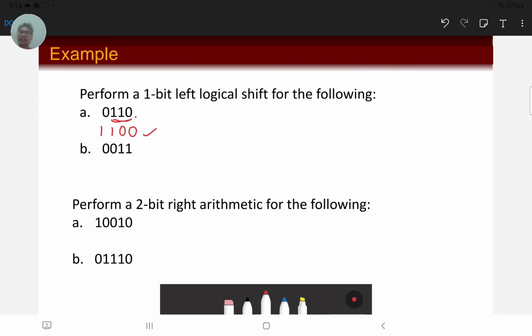So this is the answer. Basically, we are discarding this and moving the 1 1 0 all to the left side by 1 bit.